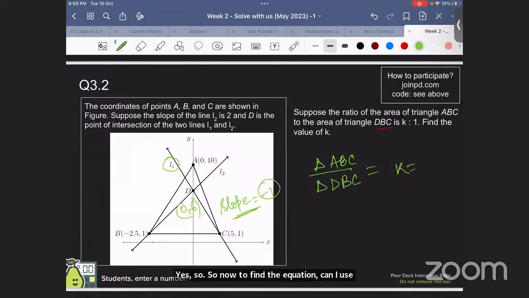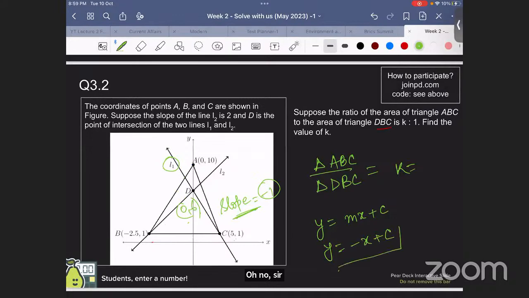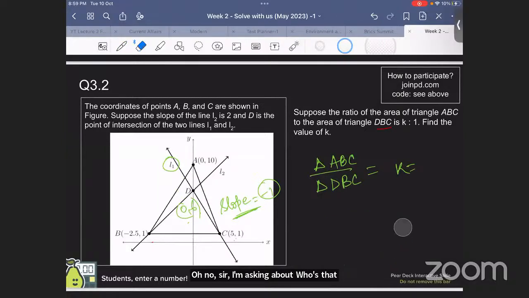Yes, you can use y equals mx plus c. You can put in the value, minus x plus c, and then put in the point that lies on this line, 0,6. I'm asking whether I can use the equation y minus y1 equals m times x minus x1.